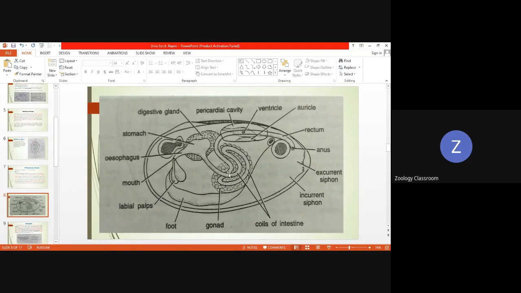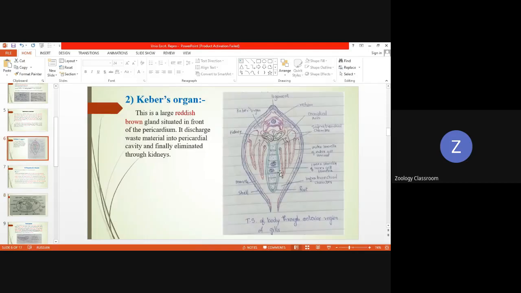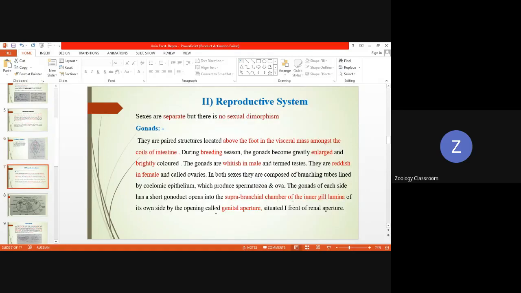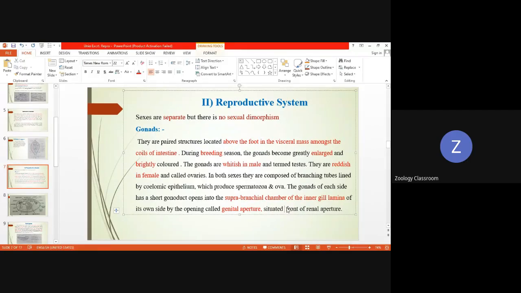In its immediate vicinity, which gill lamina is there? The inner gill, and over it the outer gill lamina. While studying the mantle, we have come across these two structures. So whatever gonoducts are there, they open into the suprabranchial chamber of the inner gill lamina of its side, called the genital aperture, situated in front of the renal aperture.